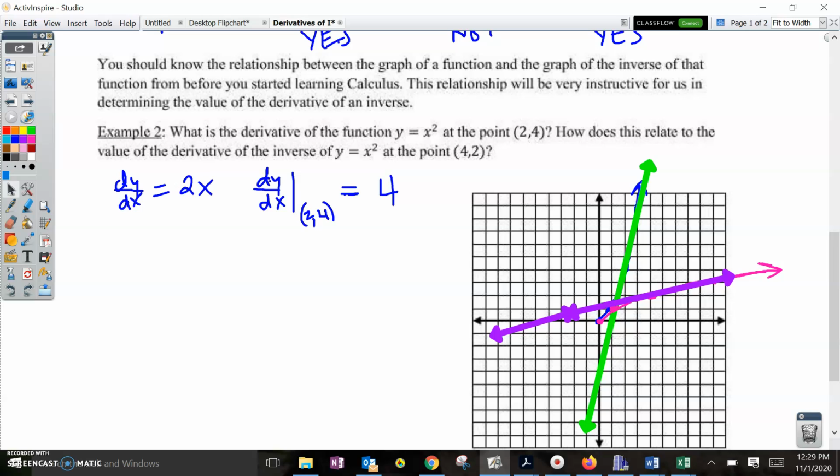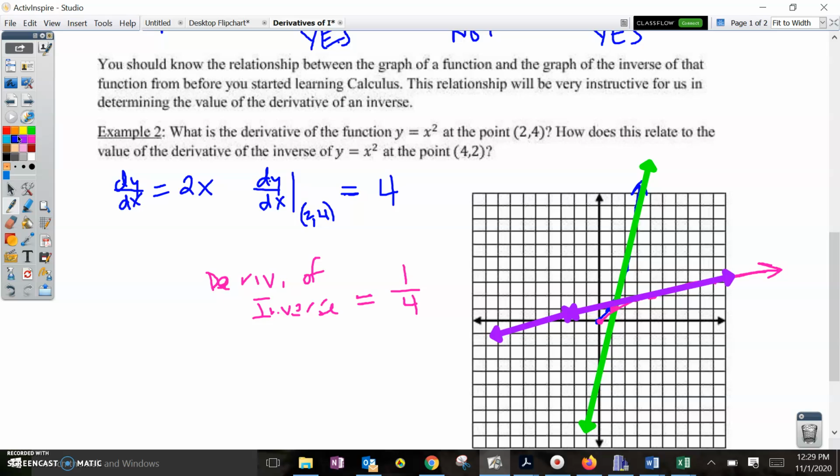And so if we think about what the value of the derivative is here, the value of the derivative of the inverse at this point is just the reciprocal of the value of the derivative of the original function at the mirror image point. And we're going to use that in order to find the derivatives of inverse functions.